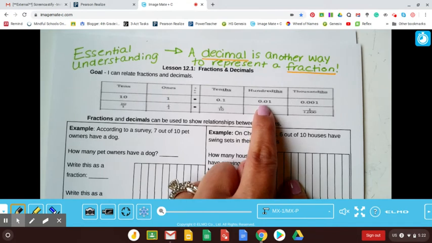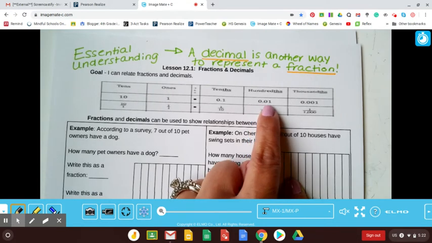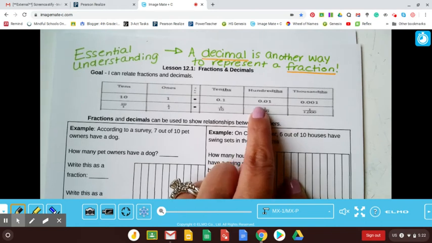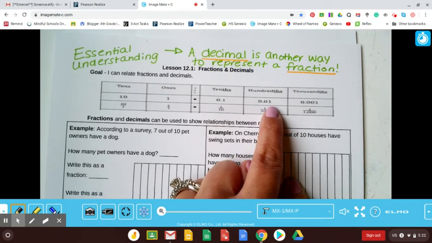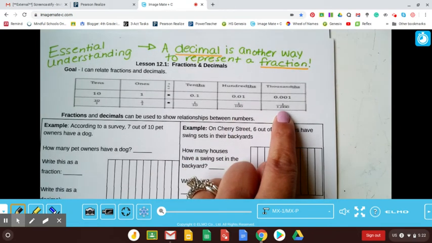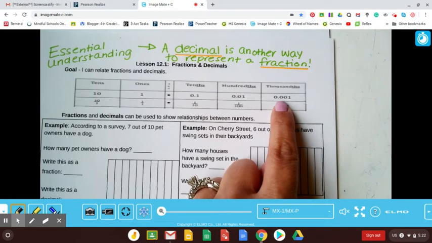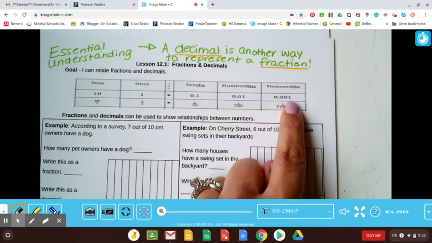And the same thing with a decimal. It would look like this, where our 1 would be in the hundredths column, and we would read this 1/100th as well. Over here in the thousandths, 1 over 1,000 would look like that as a fraction, and when you're talking about a decimal, it would look like this, 1/1000th.